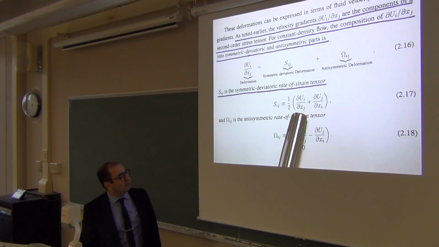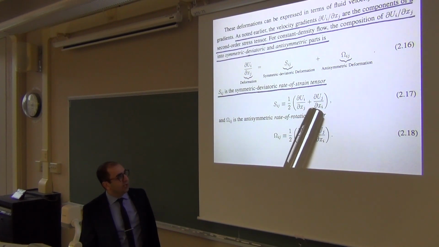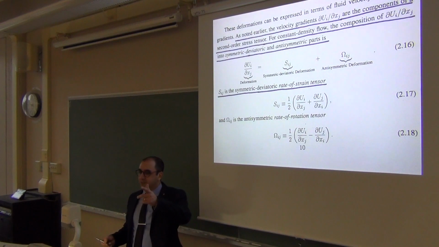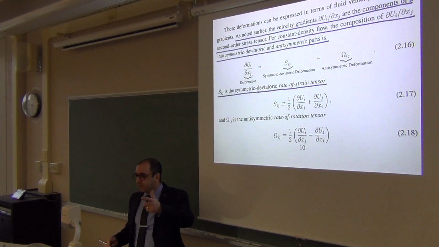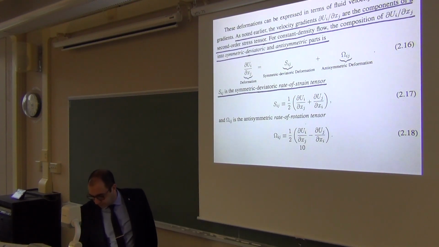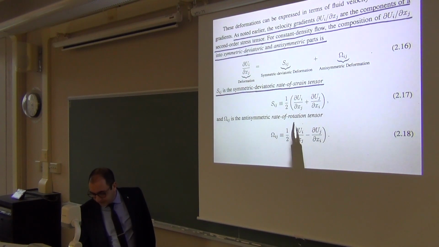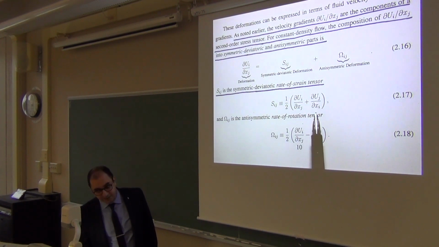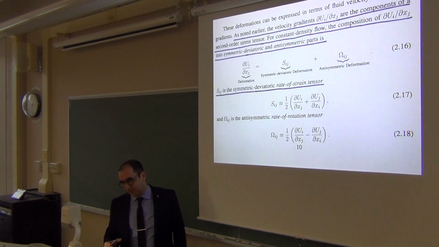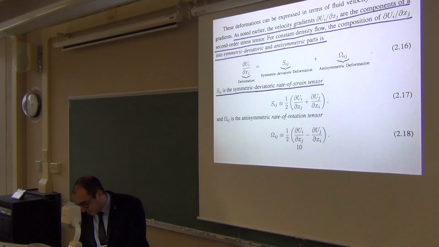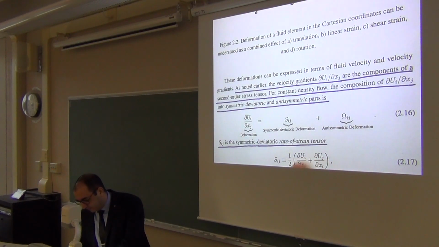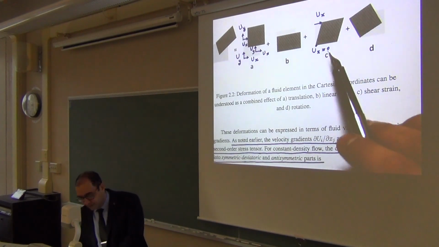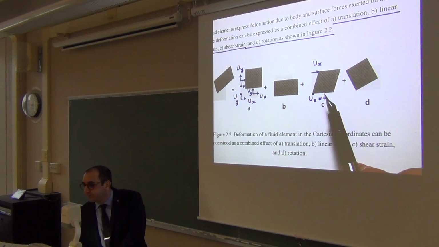So if I take the gradient of ui with respect to xj plus the opposite, uj with respect to xi, so I'm just switching the index, I get the rate of strain tensor, which means I get, let's say, partial u partial y plus partial v partial x, for example. And it turns out that this kind of tensor very well characterizes this type of deformation.